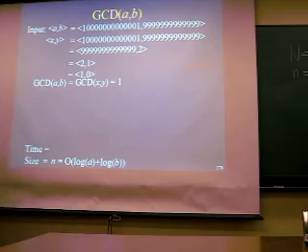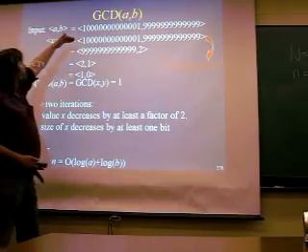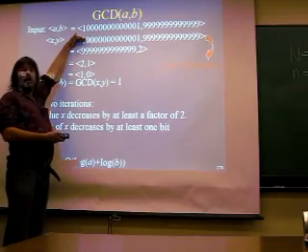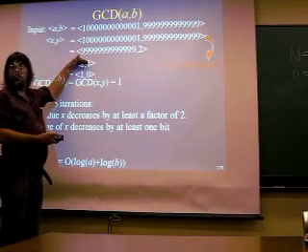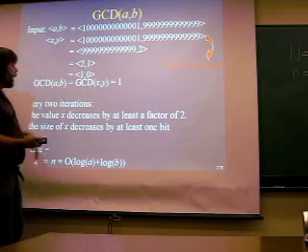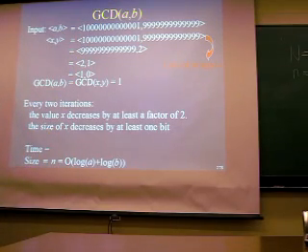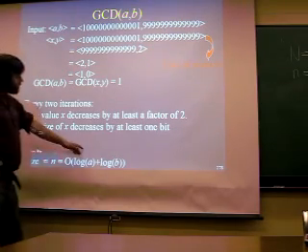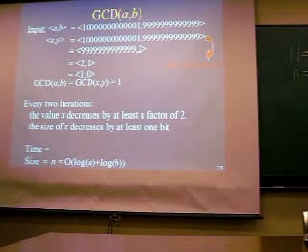But one thing that it's not too hard to prove is that wherever you are, if you do 2 iterations, the first number is guaranteed to come down by at least a factor of 2 every 2 iterations. And so if your first number comes down by a factor of 2 every 2 iterations, then you need to do 2 iterations at most log a times, right? Because a divided by 2 divided by 2, that's log a times.